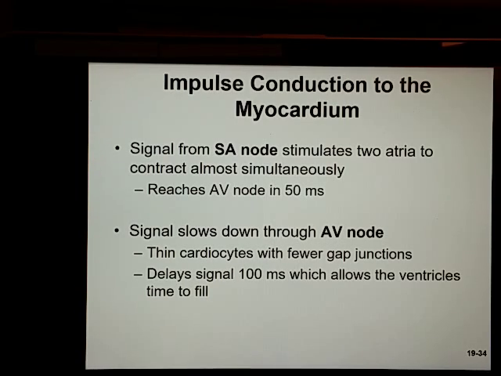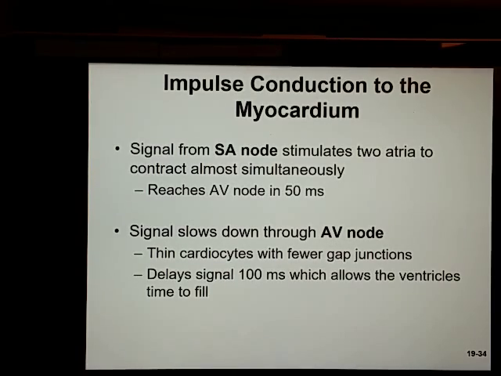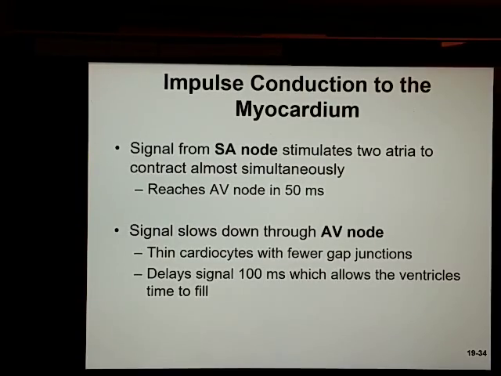So when these signals, these potentials occur at the SA node, note how long it takes: roughly 50 milliseconds to go from the SA node to the AV node. From the AV node down through the bundle and the Purkinje fibers, only about 100 milliseconds.